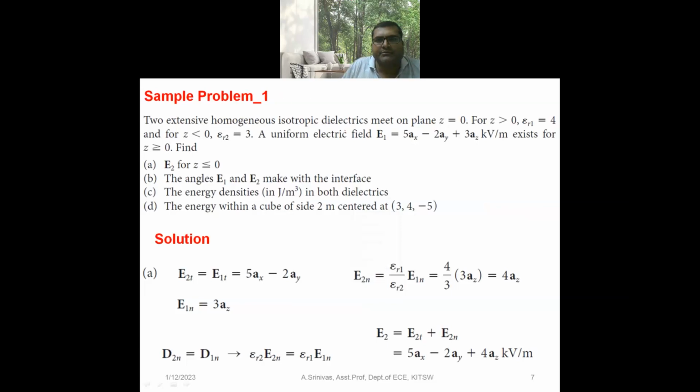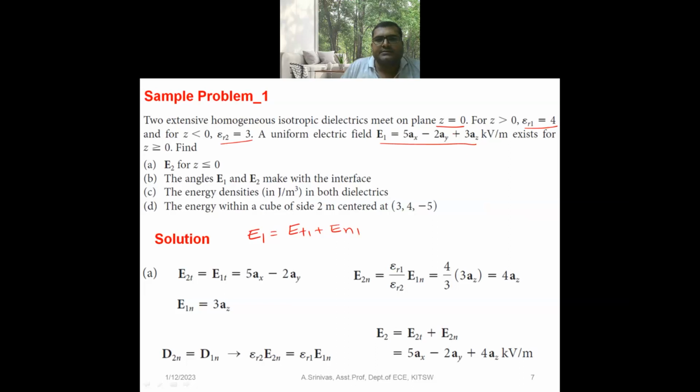Sample problem 1. Here z equal to 0 plane is the boundary. Electric field in medium 1 is given, and medium 1 is characterized by epsilon r1 is equal to 4, and medium 2 is characterized by epsilon r2 is equal to 3. Now we are supposed to divide electric field E1 in terms of its tangential component and normal component.